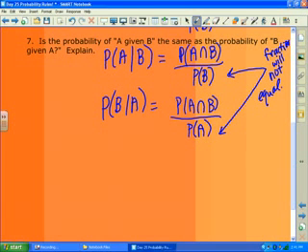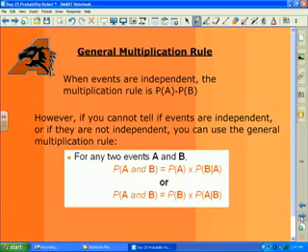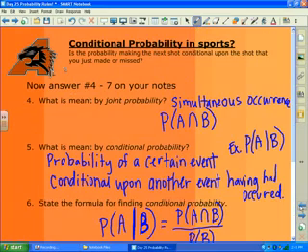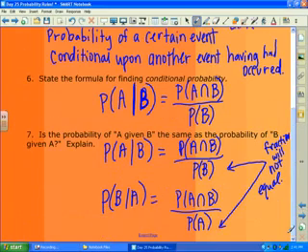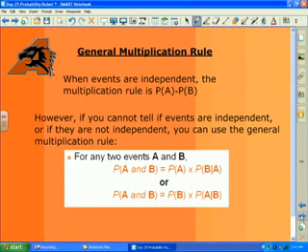All right. Let's move on to our next topic. That was number 7. Okay, so here's now our general multiplication rule. Our general multiplication rule comes from this.